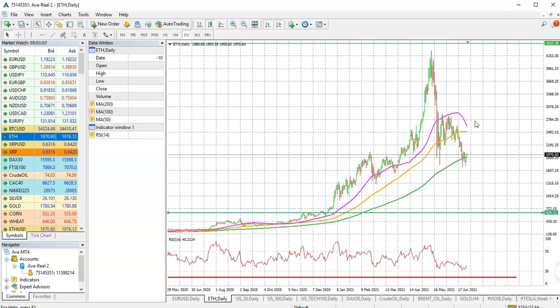But of course, I'll discuss in a bit why we are thinking that the bulls may be back in town, and why the bullish signs are emerging.